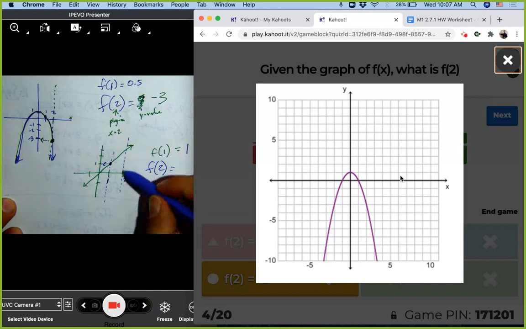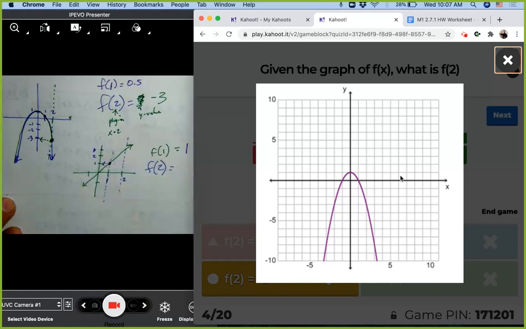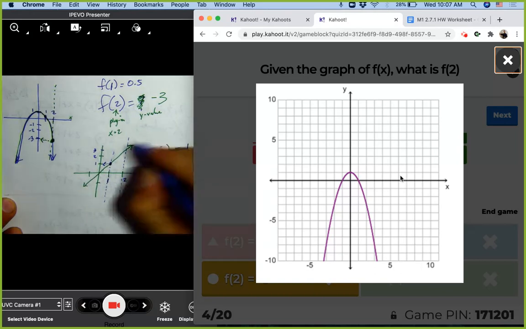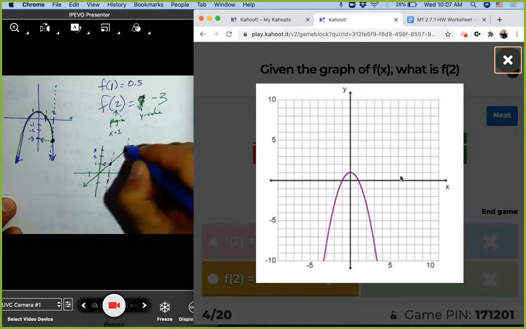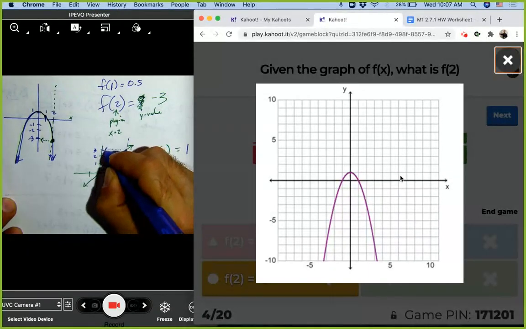Let's see. Somebody tell me in the chat. Approximately, where is it? Yeah, good, Jacqueline. So here is where the function is at 2, and I look, and my corresponding y value is 3.